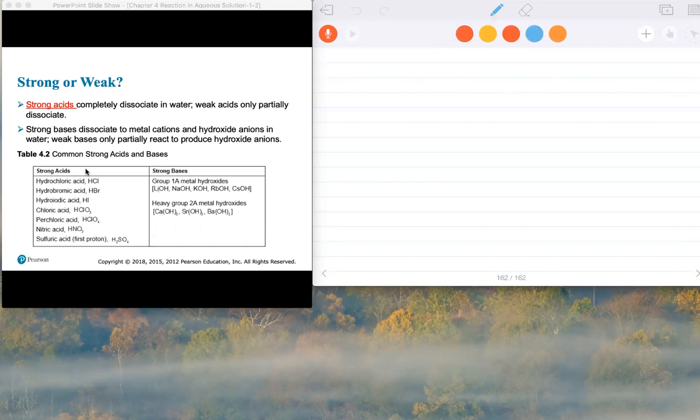Even though we say ionic compounds are strong electrolytes, strong bases and strong acids are also considered strong electrolytes. They dissociate in H2O to produce hydroxide ion for a base, and hydrogen ion for an acid.